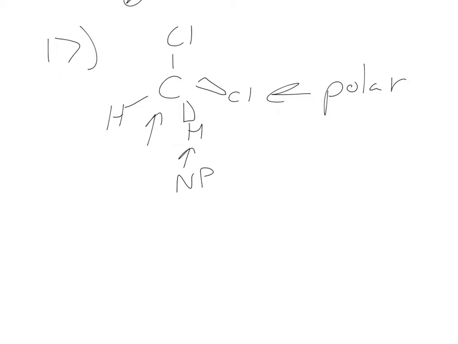Does the molecule have lone pairs? No. If there are polar bonds and or lone pairs, are they symmetric? Well, no lone pairs. There are polar bonds here and here, but they're not symmetric. They're not on opposite sides of the atom. So is the molecule polar or nonpolar? It is polar. Dichloromethane, a very polar solvent. Very famous solvent. Carbon dioxide.